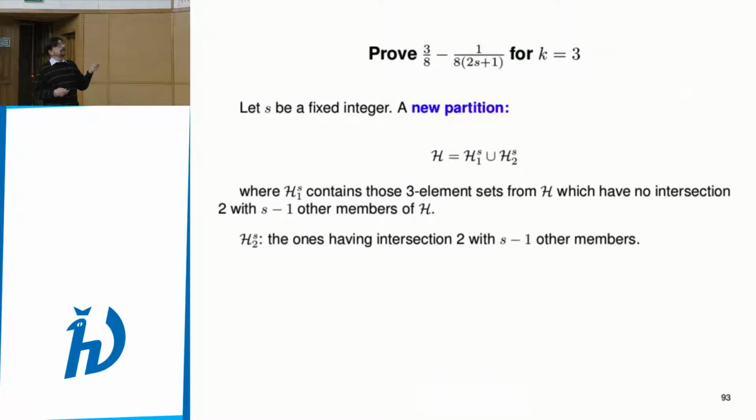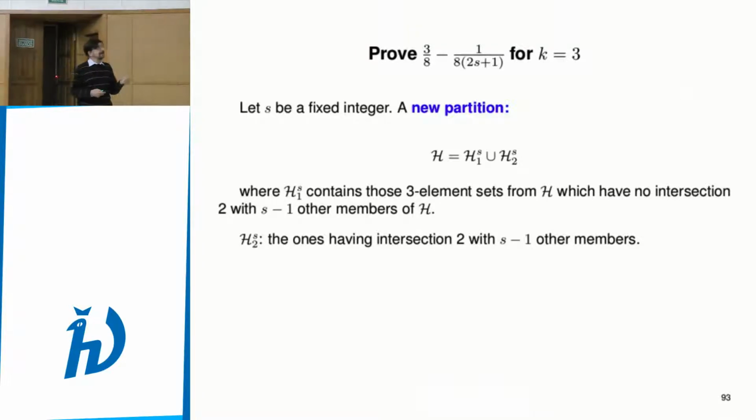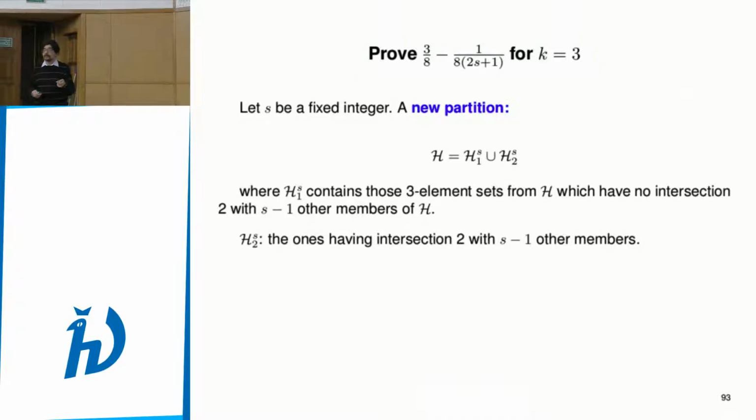And so H1 is the set of those 3-element sets which have no intersection with S-1 other members, so at most S-2 members only, and H2 which have at least S-1.